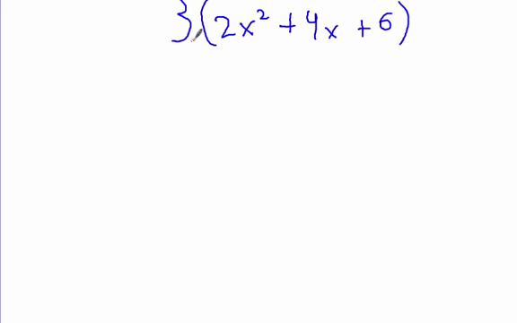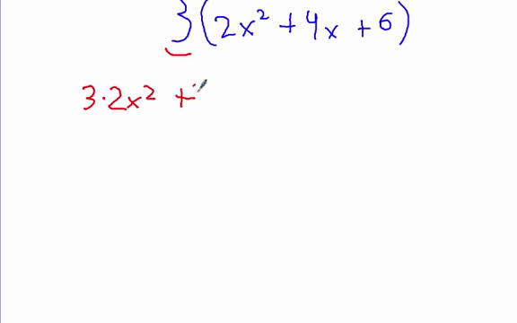So the way we do that, we go to our problem and we say, well, here's our monomial, 3. We're multiplying it by our polynomial, 2x squared plus 4x plus 6. So we're going to take this 3 and distribute it out. We're going to multiply 3 by everything inside our parentheses, everything in that polynomial.